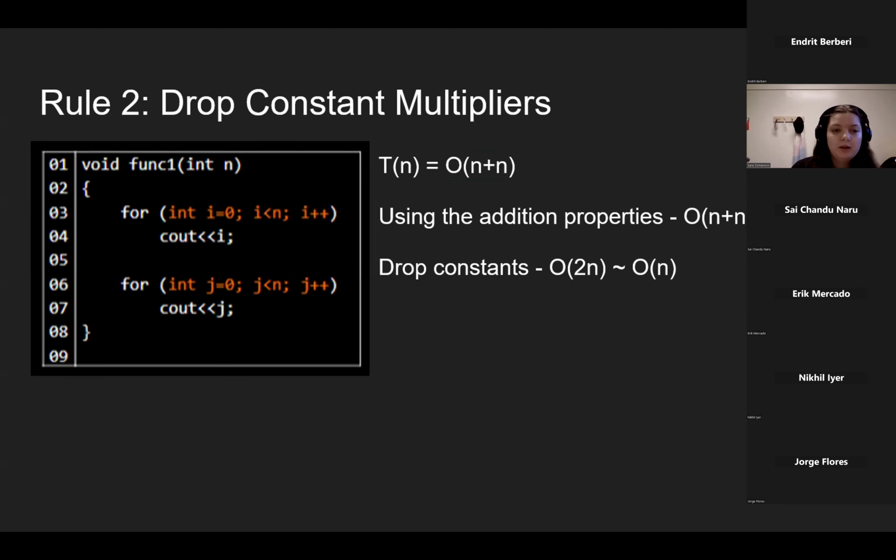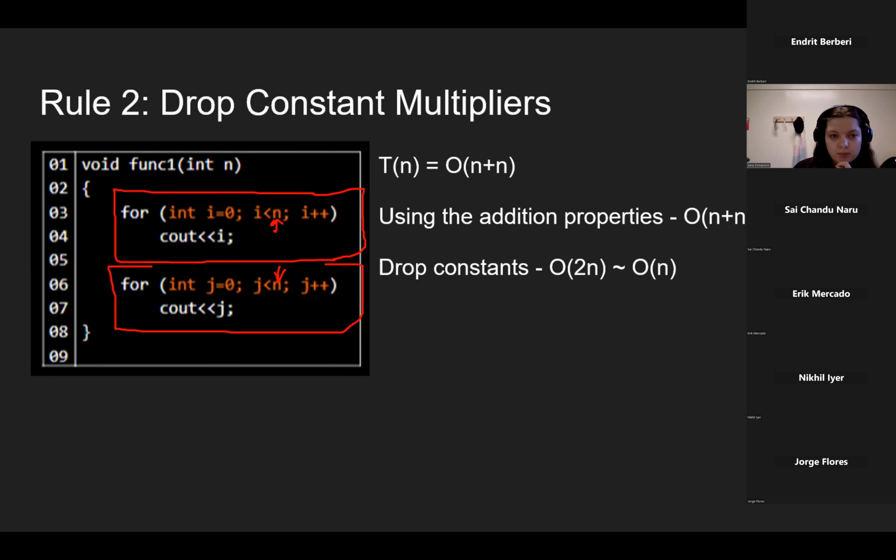Dropping the constant multipliers. So last case we had n here and m here. Now we have both executing with n. Once again, the first for loop executes in O of n, the second one executes again in O of n. So we apply rule number 1 and we say O of n plus n. However, we know math, we're all good at adding two numbers, and we can say that this is O of 2n. However, the constants don't necessarily contribute.